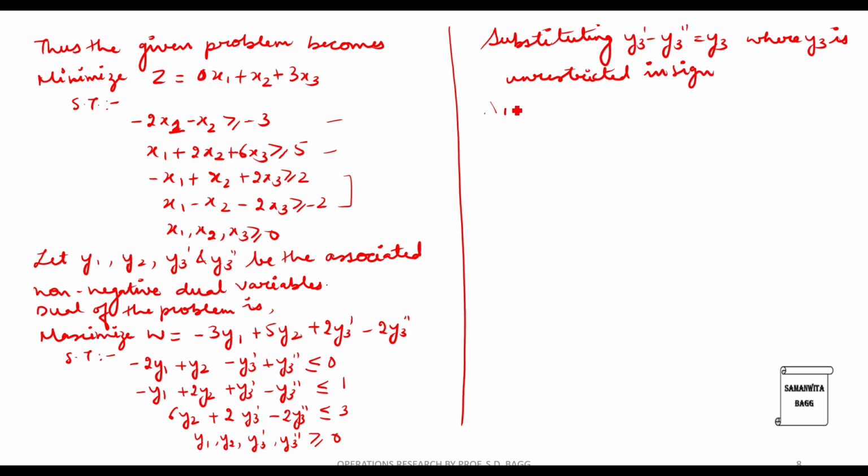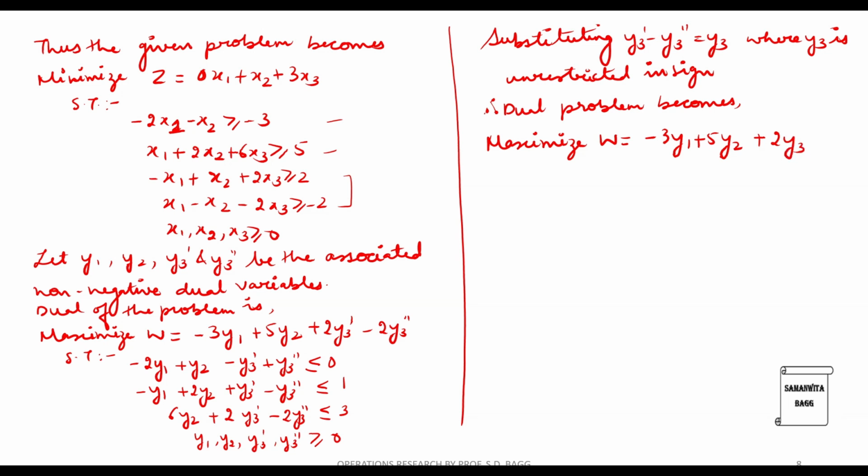So therefore the dual becomes: we'll have maximize w is equal to -3y1 + 5y2. Now here you can see 2 is a common number, so I'll write down plus 2y3.